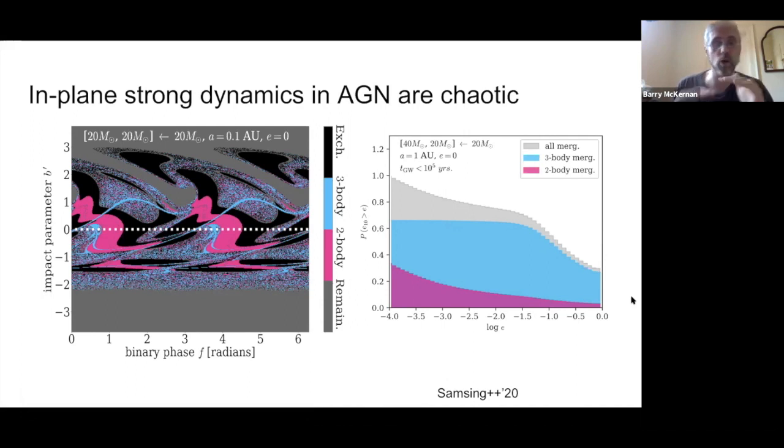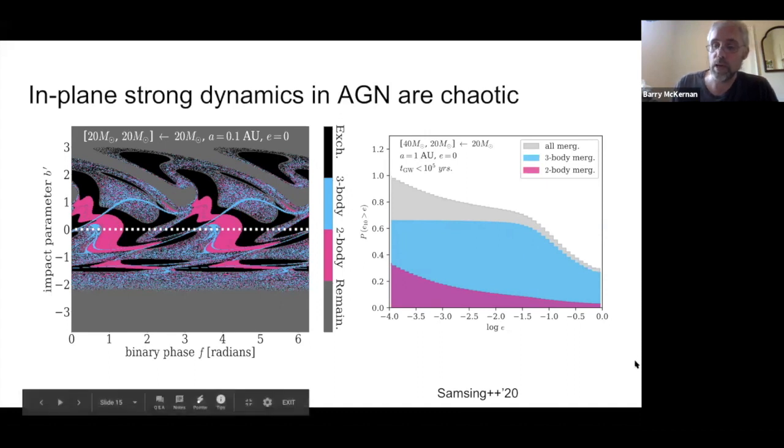AGN disk orbits will not be identically in plane and uniform. So if you give it some inclination and you allow for the effects of gas damping, you're gonna shift this distribution to the left. But you should expect a greater distribution of eccentricities than in, for example, globular clusters.